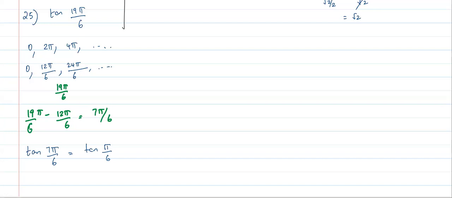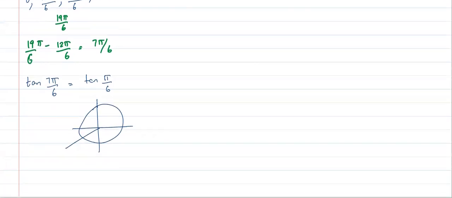You can still work with 7 pi over 6. Now, where is 7 pi over 6? 7 pi over 6 is here. In this quadrant, tangent is positive, right? The coordinates here are going to be negative root 3 over 2, comma, negative 1/2.